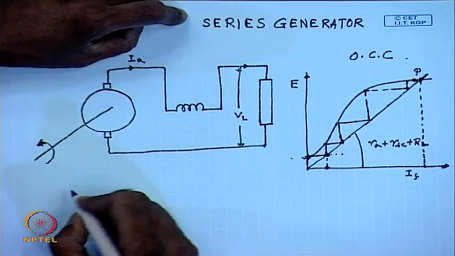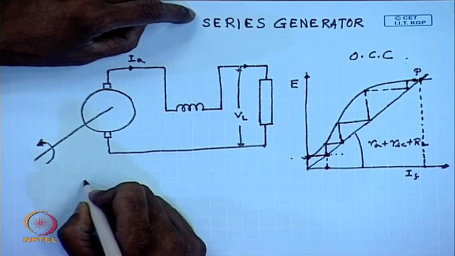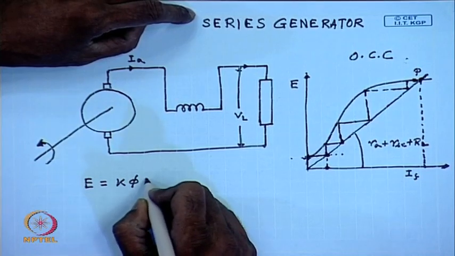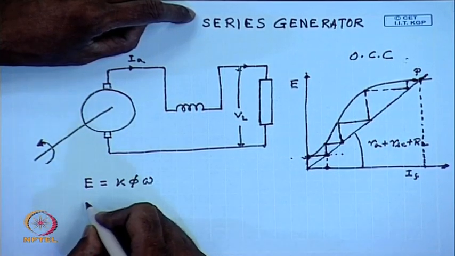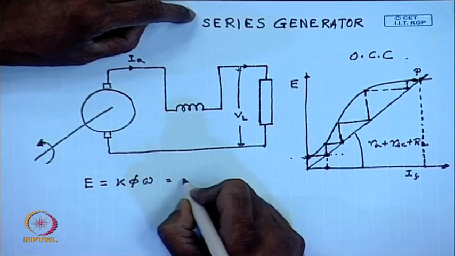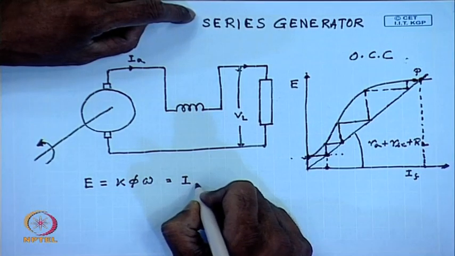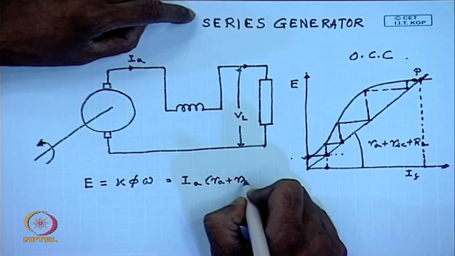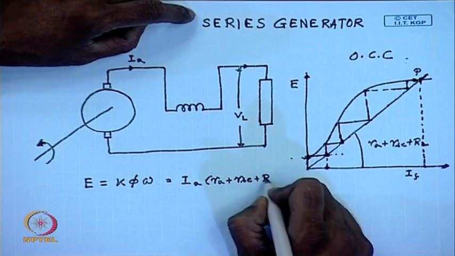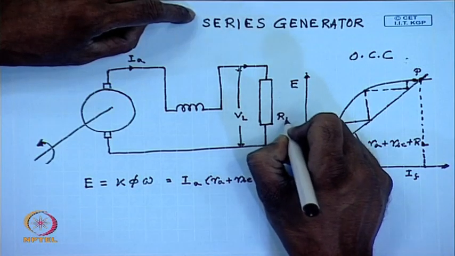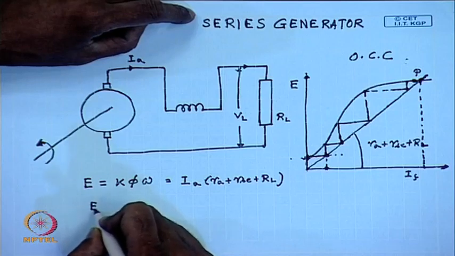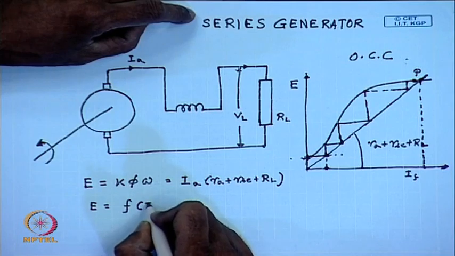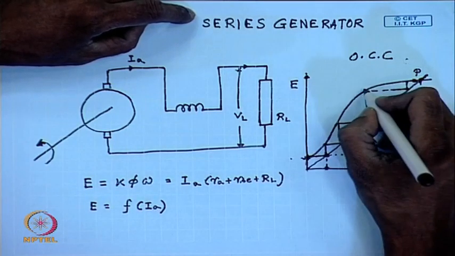For this generator we can write the induced voltage E equal to k phi omega and also equal to IA (RA plus RAC plus RL), and E is also a function of IA, which is the OCC.